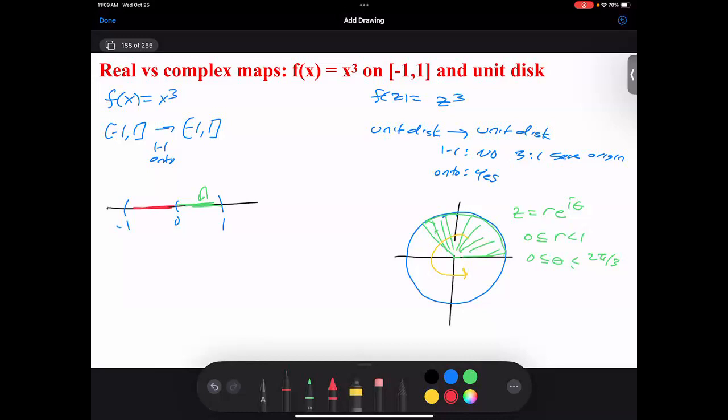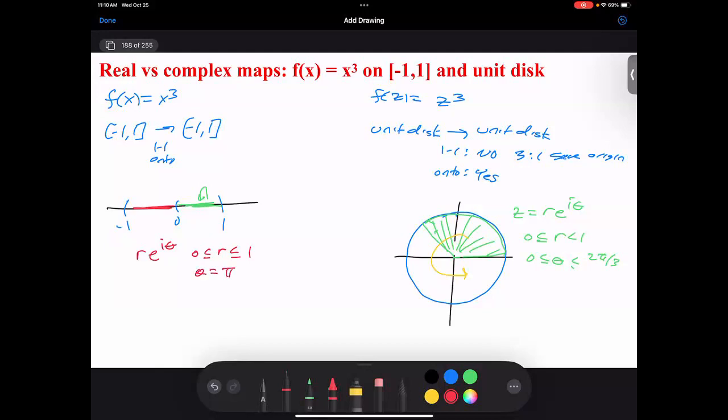How could you write a number between -1 and 0? To mirror what we did with complex, I could write these as r e to the i theta, 0 less than or equal to r less than or equal to 1. And then what would be my angle? Pi.